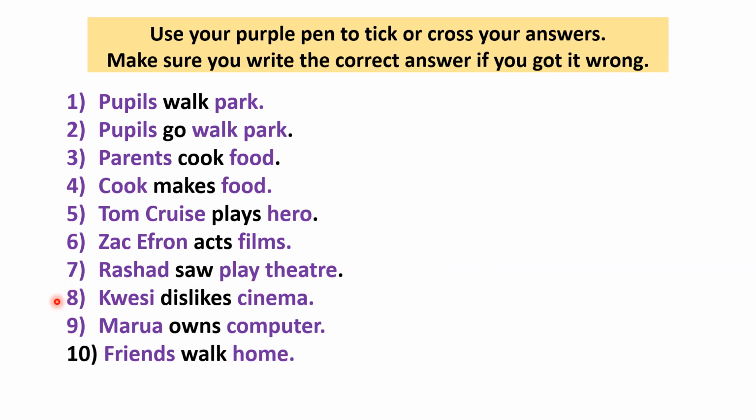Number 8, the nouns are Kwasi and cinema, and the verb is dislikes. Number 9, the nouns are Marwa and computer, and the verb is owns. And finally, for number 10, the nouns are friends and home, and the verb is walk. So pause the video and make any purple pen corrections that you need to now, please.